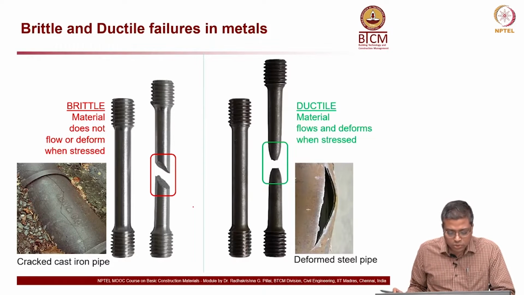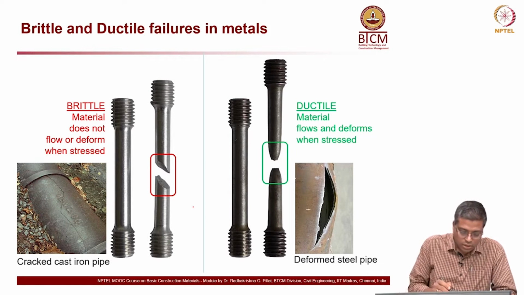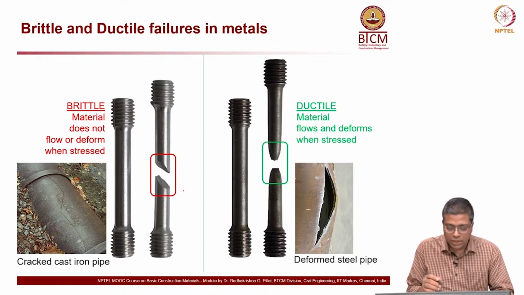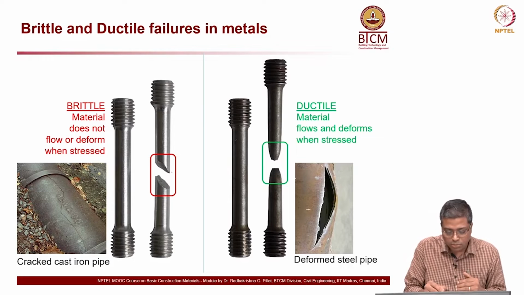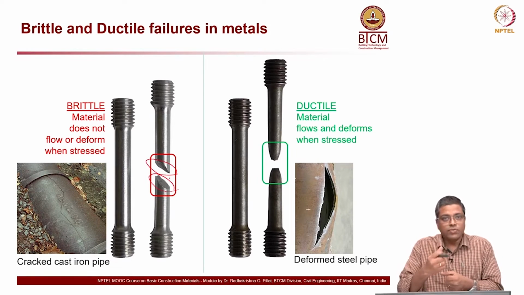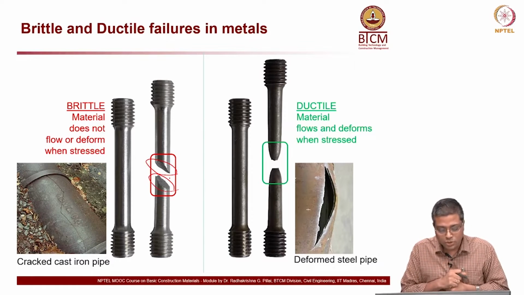Now, here are two examples of metals when you talk about brittle and ductile behavior. On the left side, focus on this red box here. You can see that the shape of the bottom portion and the top portion is such that, if you want to put those pieces back together, you can actually glue them together.